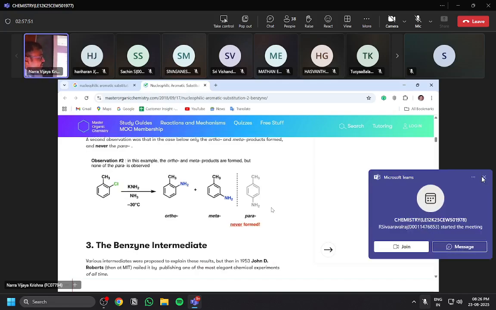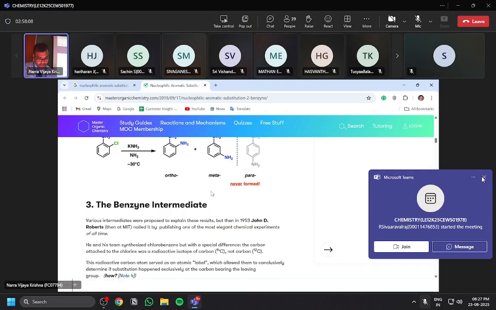In this example, ortho and meta products are formed, but none of the para is formed. Correct or not? Just now we discussed, na? What this K plus NiH2 minus, we have taken NaNiH2, right? It will pull H plus from here, you will get benzene. Corresponding product is there.